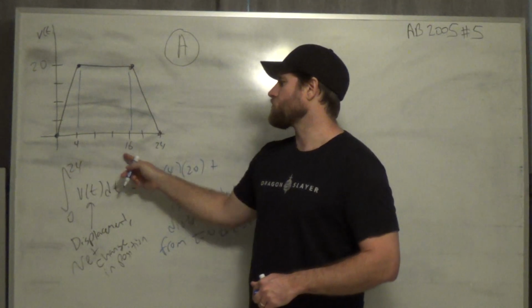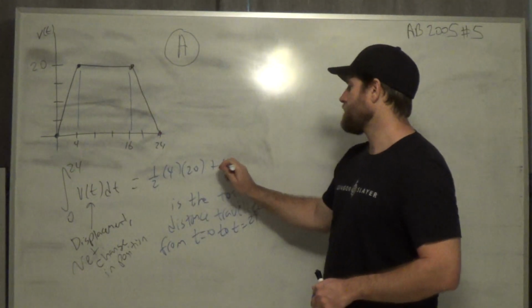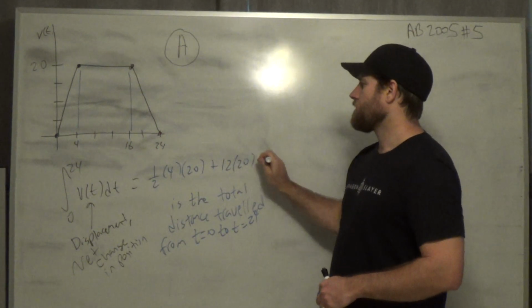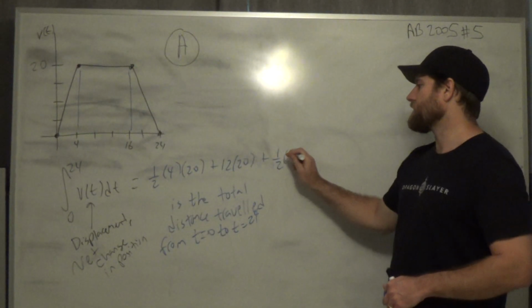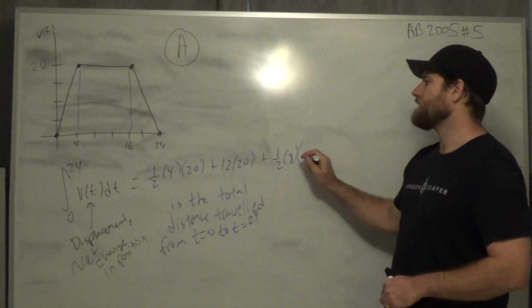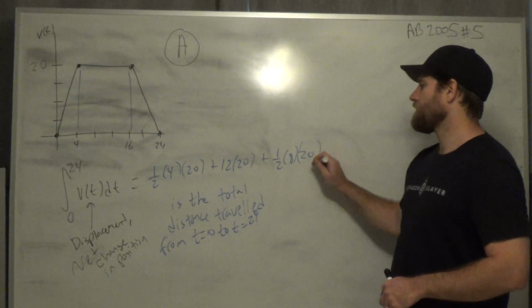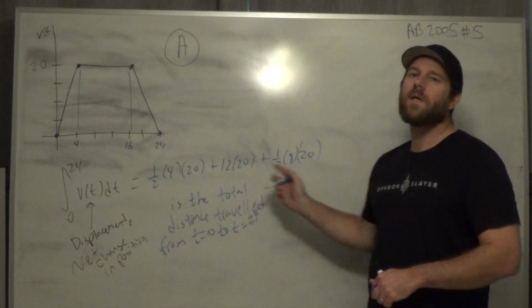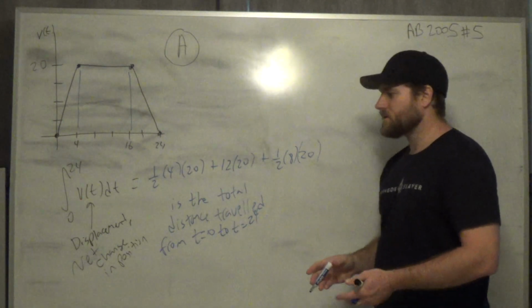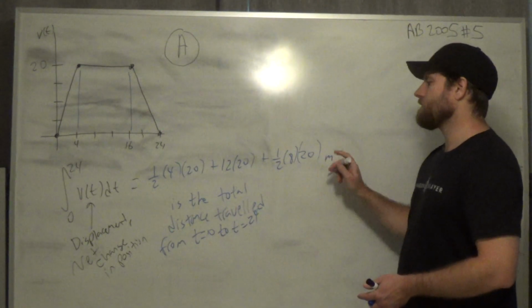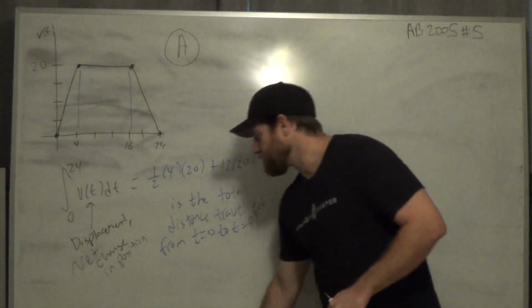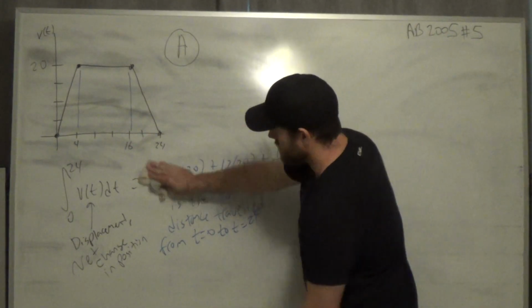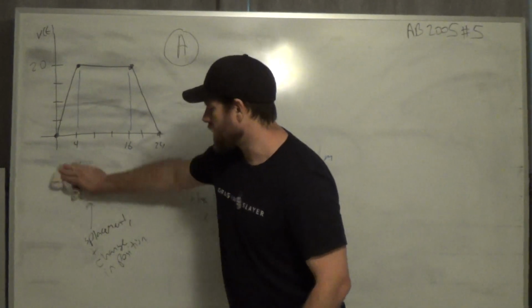This rectangle is 12 times 20. And here we have a triangle, 1/2 base times height. 1/2 base is 8, and height is 20. If you plug all that into your calculator, you get the same answer. So it's this many meters is the total distance traveled. So just another way of breaking up your area. Alright, that is the end of part A.